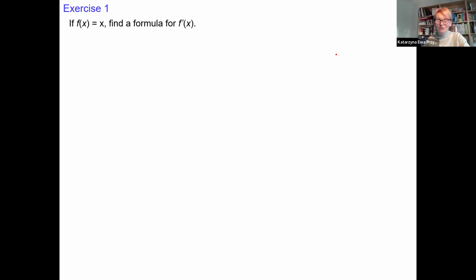Find the formula for the derivative f prime of x. But please tell me, what is the derivative of x? We don't have to do anything because it's a linear function, and we know what it is. Why is it 1? I just want to hear that answer. Why is the derivative of x 1? Because of the slope. Thank you.